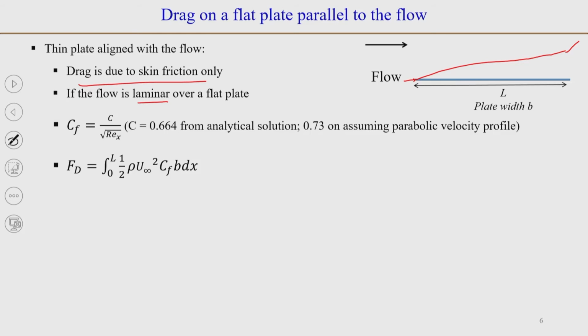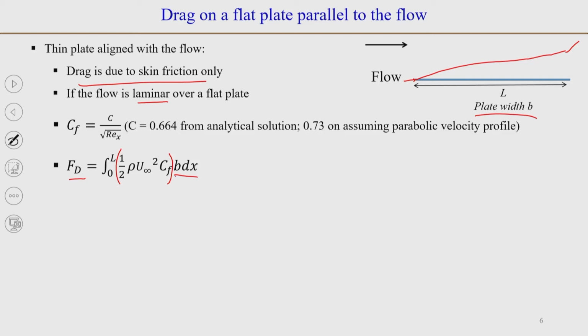So, we can write down the drag force as tau w, which will be basically CF multiplied by half rho u infinity squared multiplied by dA. B here is the plate width, normal to the screen, and the length of this plate is, let us say, L.